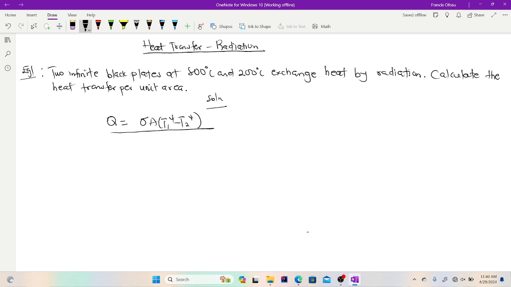Now we have a body, let's say body A, and it's emitting heat to another body B. There is heat emitted around the body, so some gets absorbed by B, and some moves to the atmosphere.